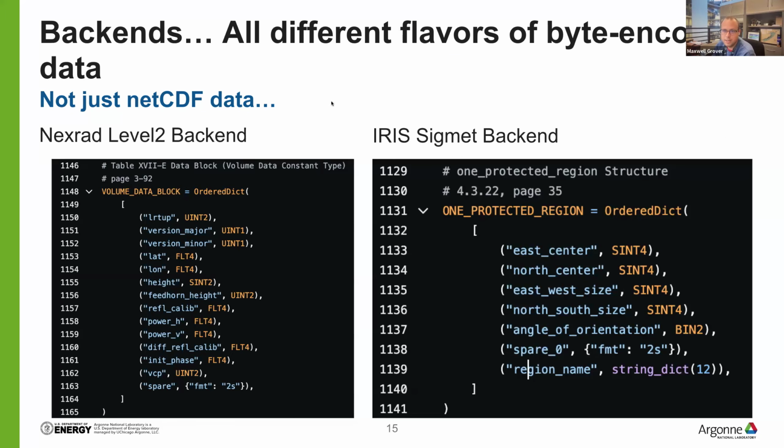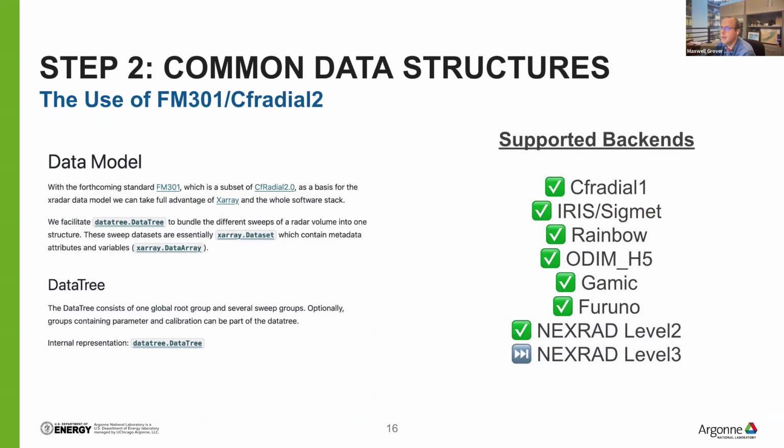We're working on these radar specific ones, like NEXRAD Level 2, which is a National Weather Service data format, and also IRIS-SIGMET, which is used by quite a few different, especially a lot of the weather radars, where these are all byte encoded binary formats, where we write the Xarray backend and then it gets it into your Xarray data set.